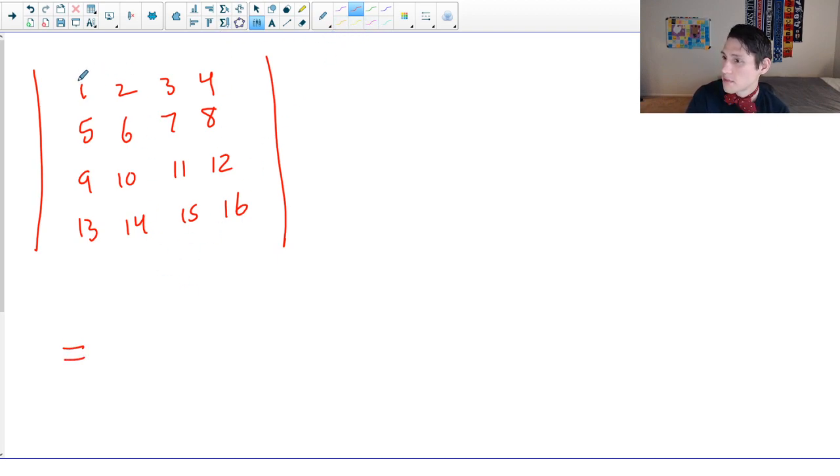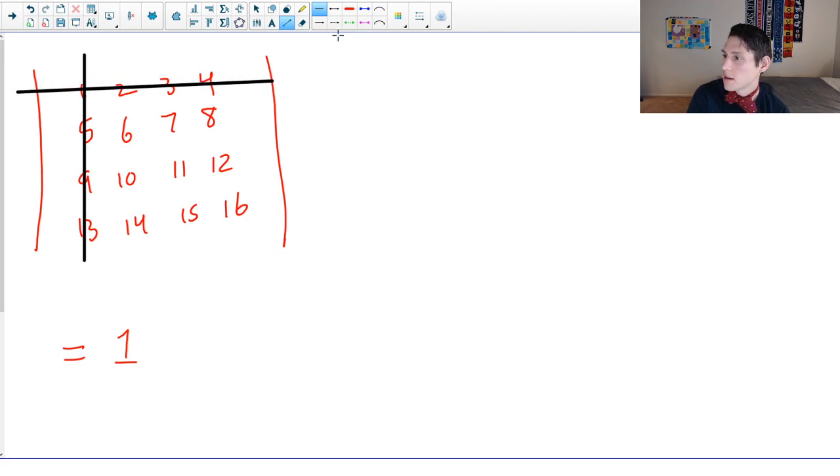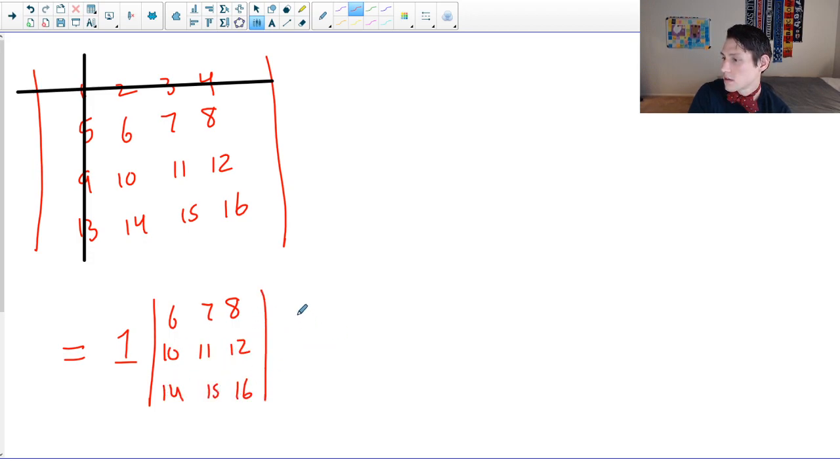So we would do our same thing. Start up here. So there'd be 1. And then get rid of that row, get rid of that column. So then 6, 7, 8, 10, 11, 12, 14, 15, 16.